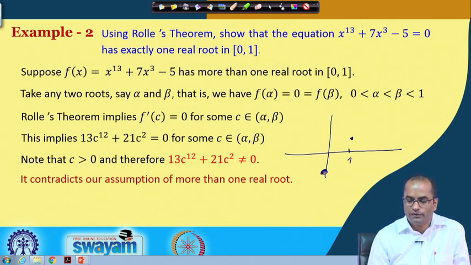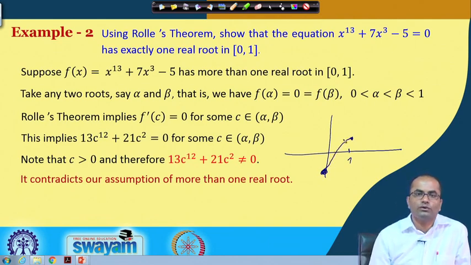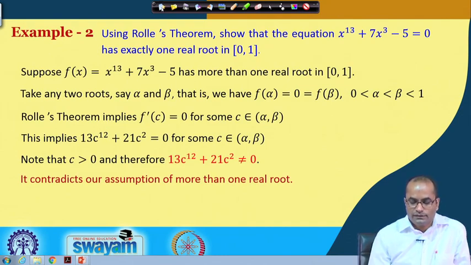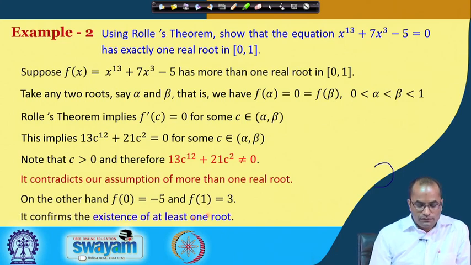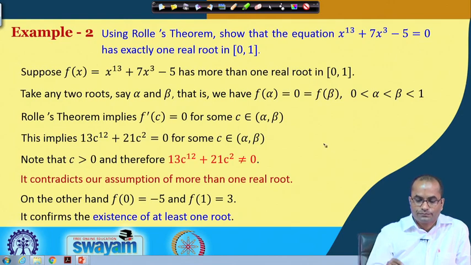The function is continuous, so to reach from -5 to 3 it will definitely cross the real axis somewhere, and that proves the existence of one root. This confirms the existence of one root, because the function is changing its sign: f(0) is -5 and f(1) is 3.